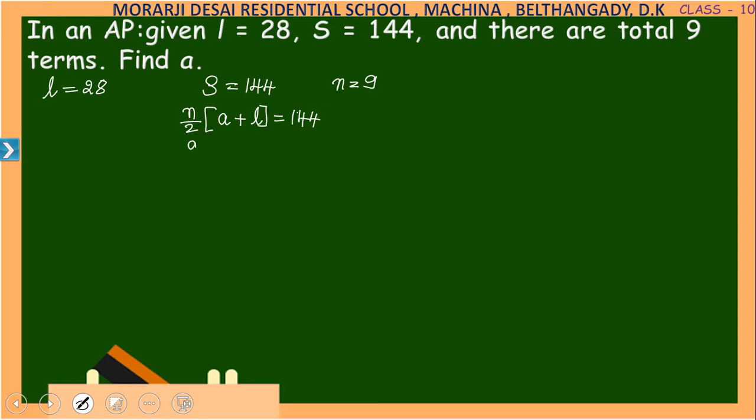Now N is 9 by 2. What is A? A is not there. L is 28 is equal to 144.